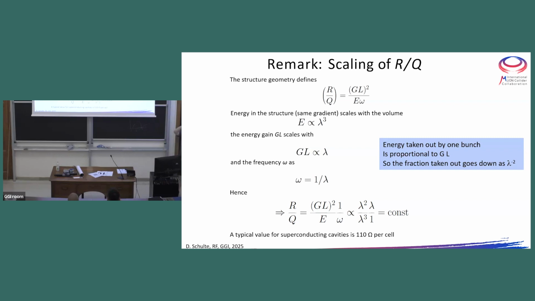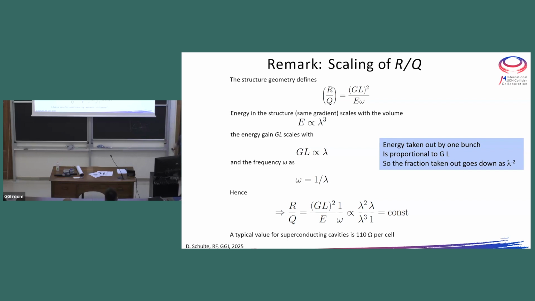So the impedance of a cell does not depend on the size of the cell. It's always the same. It's actually totally convenient. I mean, you can do lots of things and annoy RF experts by making simple predictions. And for a typical superconducting cavity, this is 110 ohms per cell in many cases, because that's a very efficient one. But it also means that if you now take a lower frequency, a larger lambda, what you take out is proportional to the length times the gradient, but the energy stored goes with the third power.